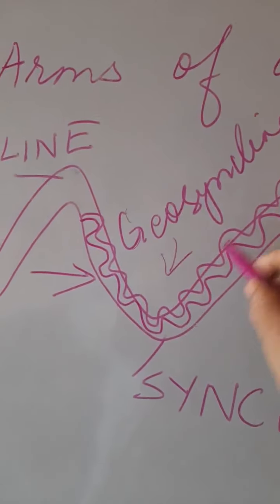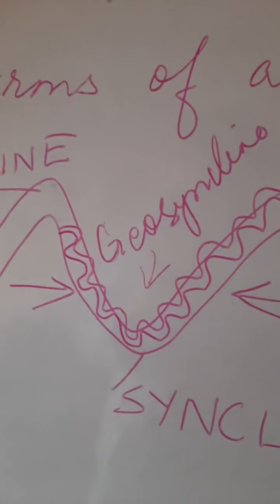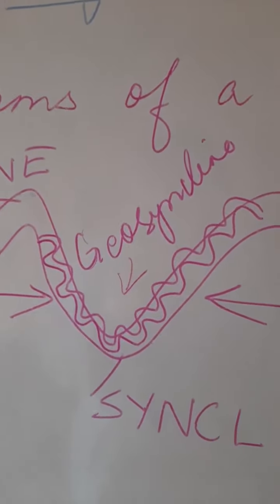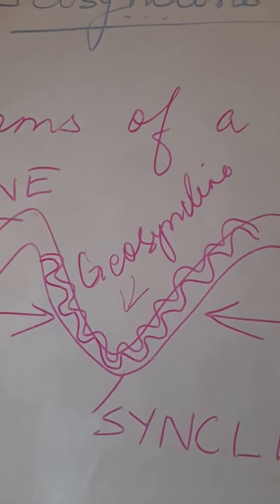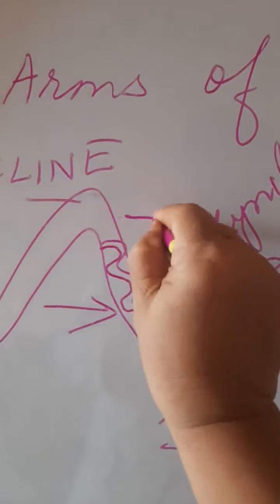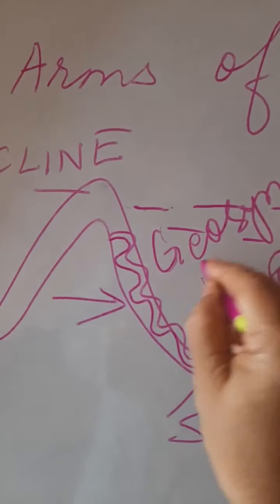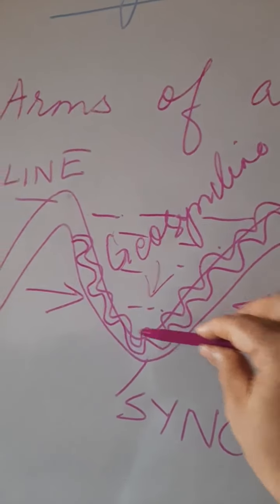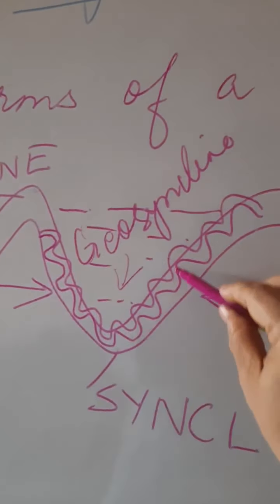A geosyncline always forms in the marine bed, that is below the level of the sea water. This is occupied by water. Followed? So below the level of water, there are thick deposits of sediments.